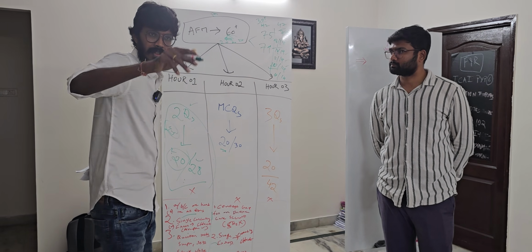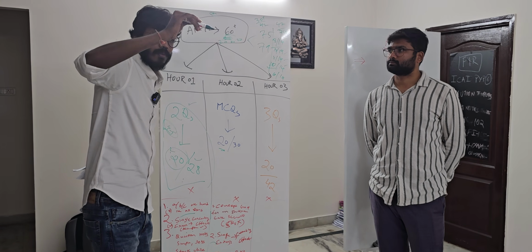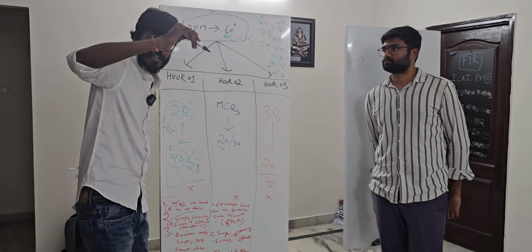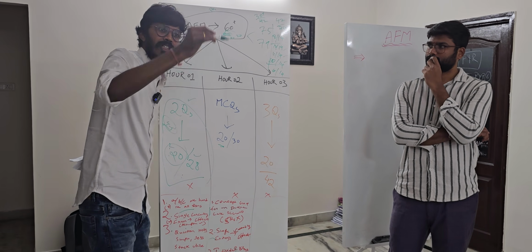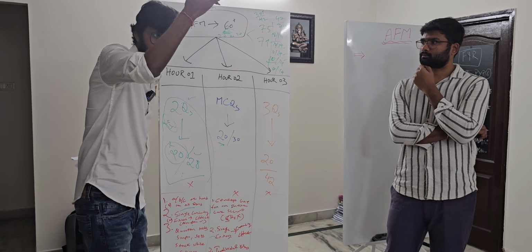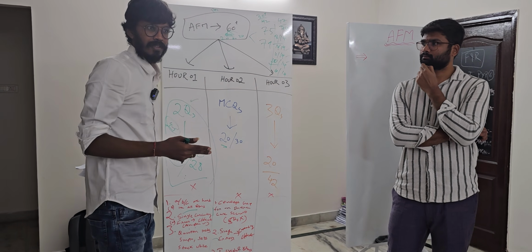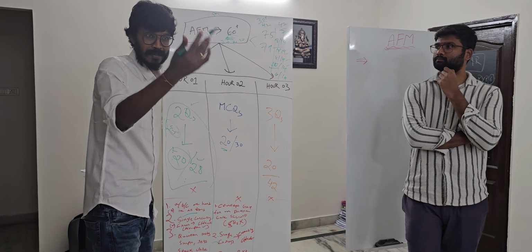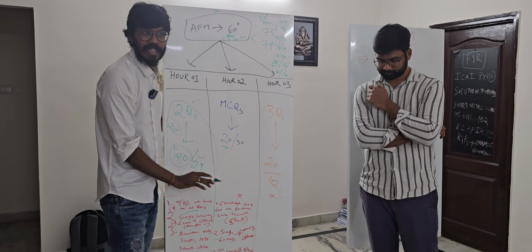Even in MCQs, this is interesting because both Soundarya and Manju were mentioning that even if you make the wrong assumption and solve the 4 or 5 questions, the answer linked to the wrong assumption is also available. That is the beauty of the ICAI question paper. Even if the fundamental assumption is wrong, you keep making that mistake and you'll keep finding that answer in the options. That's good in terms of question paper setting, but that's dangerous for you. So this is something which you have to clearly eliminate.